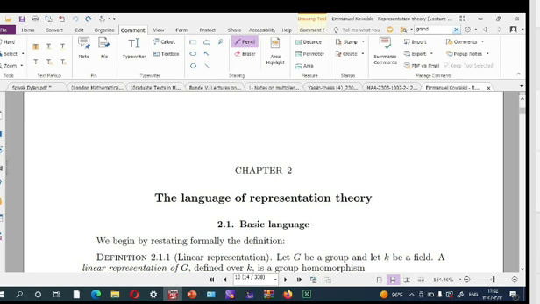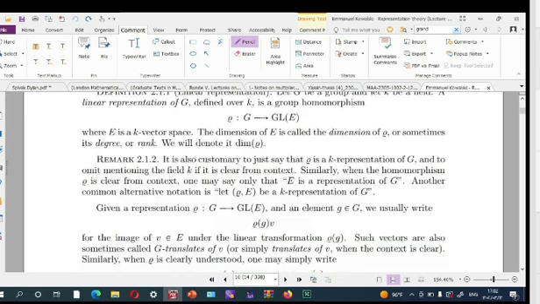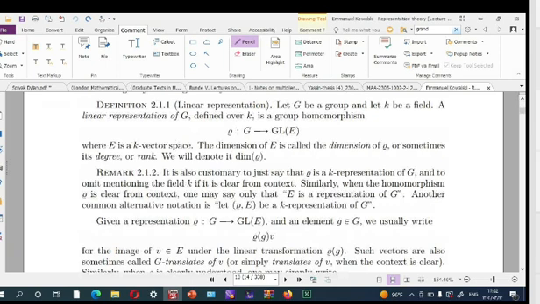We see the definition of representation. Let G be a group and K be a field. We consider always K equal to real or complex numbers, okay?